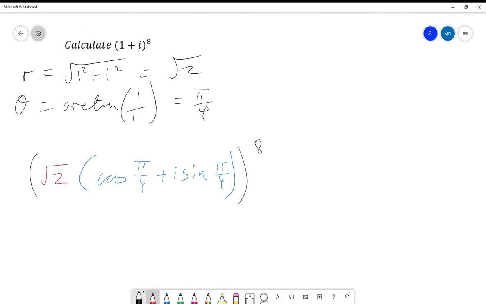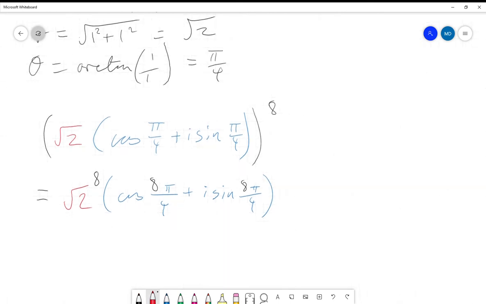And by de Moivre's theorem, that's going to give us root 2 to the power of 8 multiplied by cosine of 8 pi over 4 plus i sine of 8 pi over 4. And that is the same as root 2 to the power of 8.